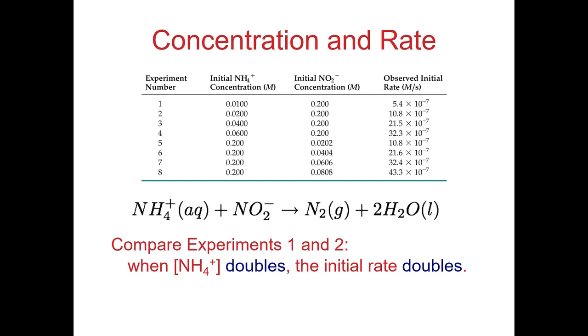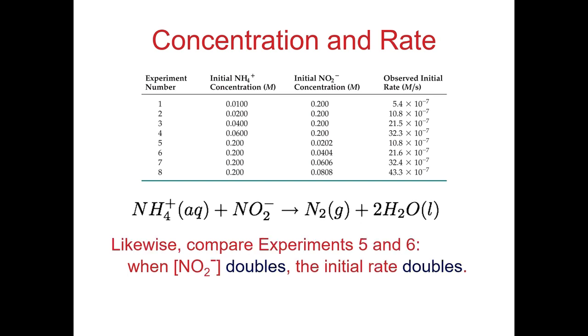So if you remember previously of our 3 different types of reaction orders, seeing the same effect with concentration and rate is indicative of first order. Now if we look at NO2, we want to see NO2 minus change, but NH4 plus remain constant.